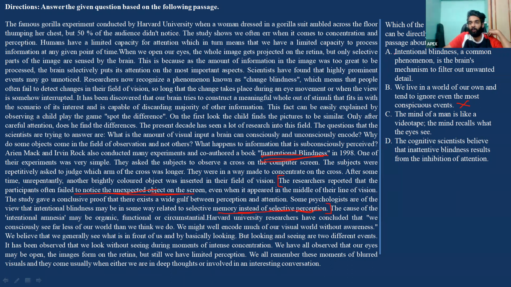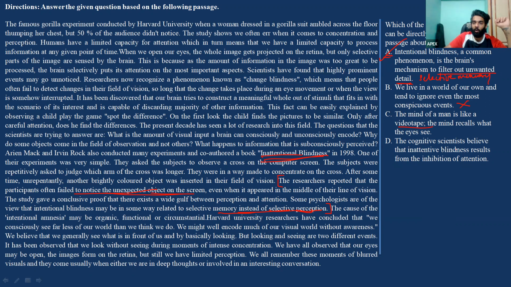Okay, so first option, intentional blindness common phenomena is the brain's mechanism to filter out unwanted details. This talks about selective memory. So this should be our answer. Now, if we look at the C, the mind of a man is like a videotape. Again, that's really not what we are talking about.